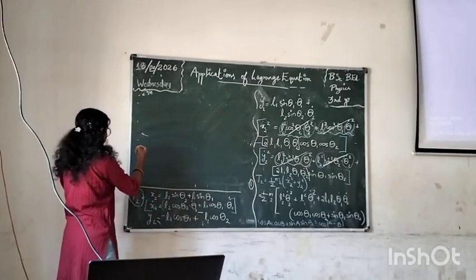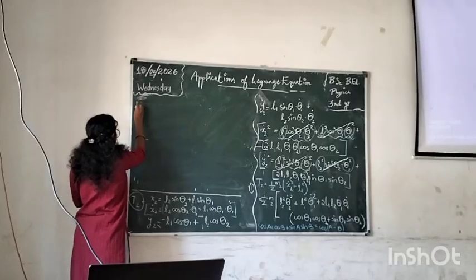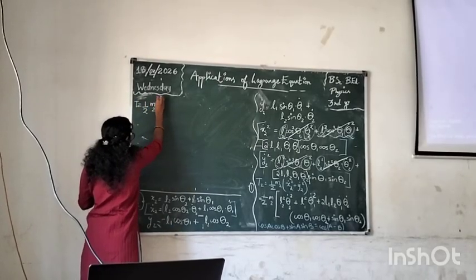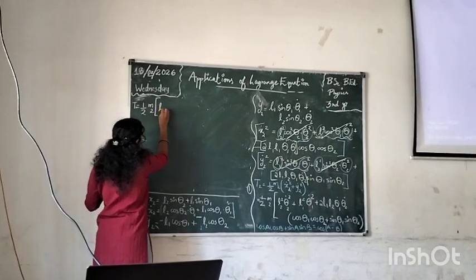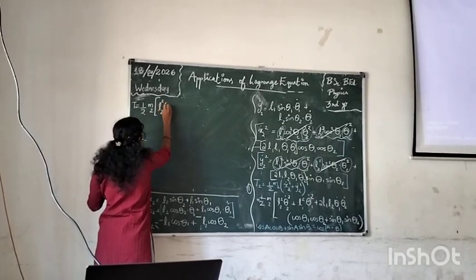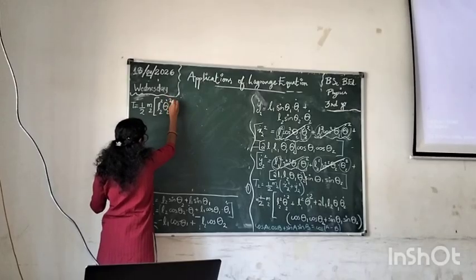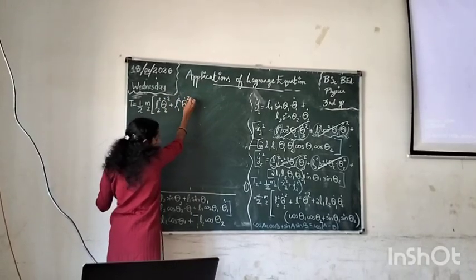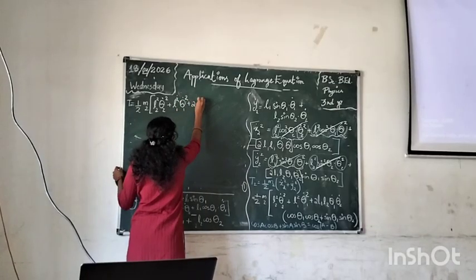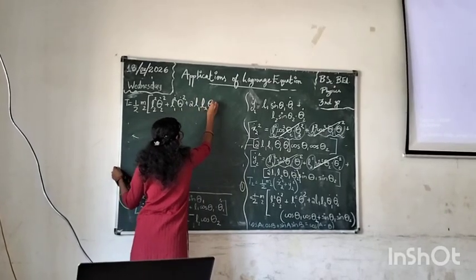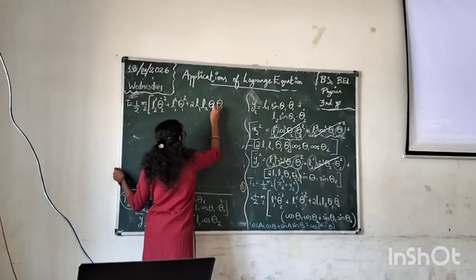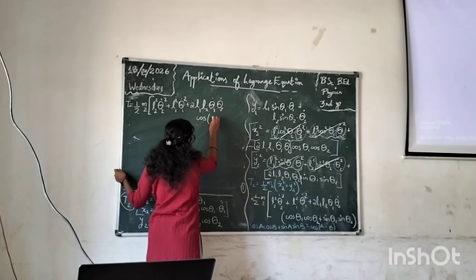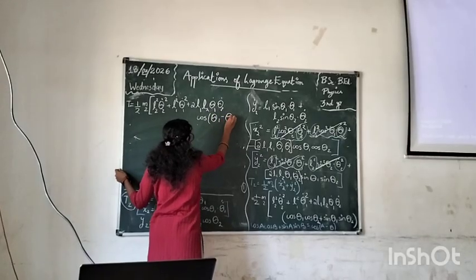So when we apply that, we will have our total T is equal to half m2 L2 square cos(theta 1 minus theta 2).